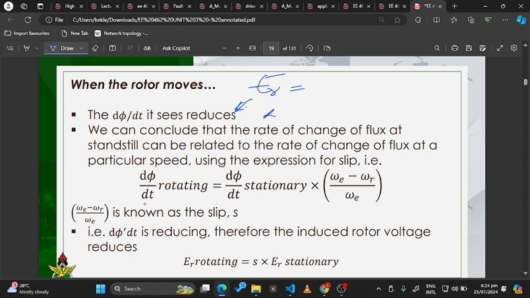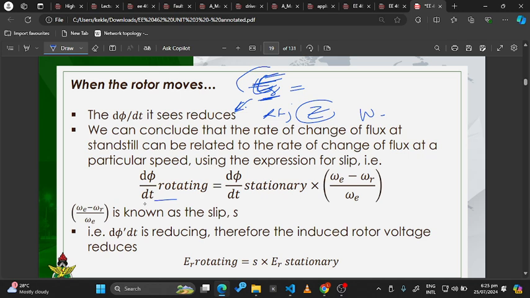Remember your resistance and your reactance are fairly constant. They may not be constant, but let's assume your impedance is constant. If your impedance is constant and you have the maximum EMF produced at starting, then you have the maximum current flowing at starting. But as the motor accelerates, the EMF is going to reduce, then the current is going to reduce. Does this make sense?